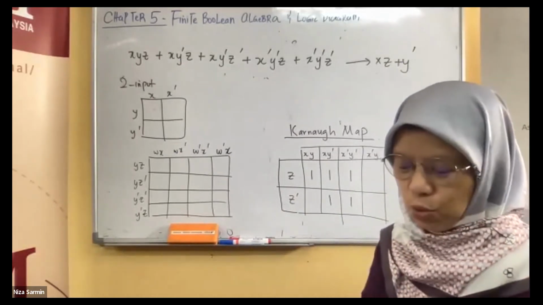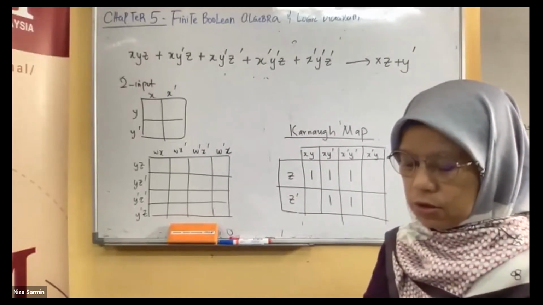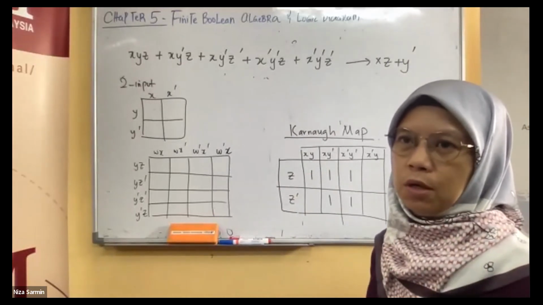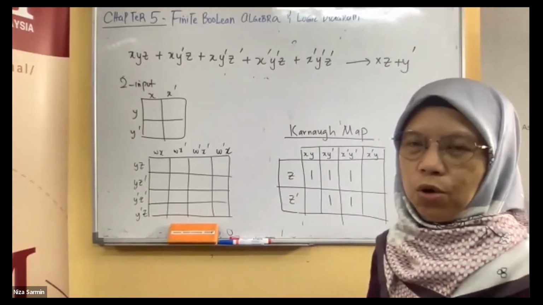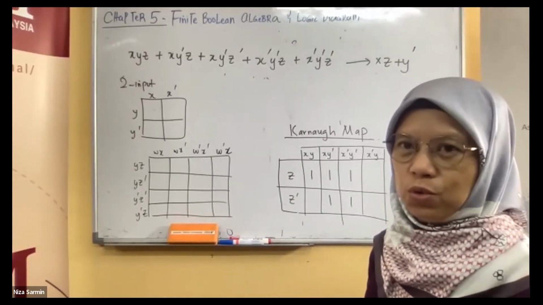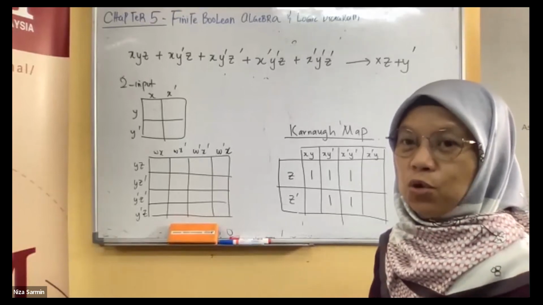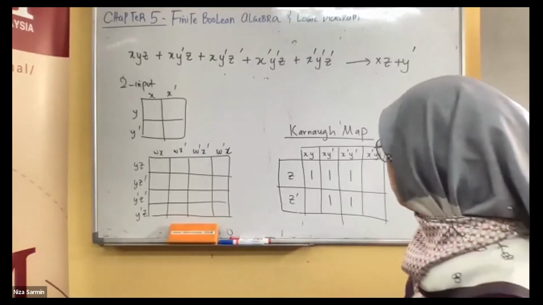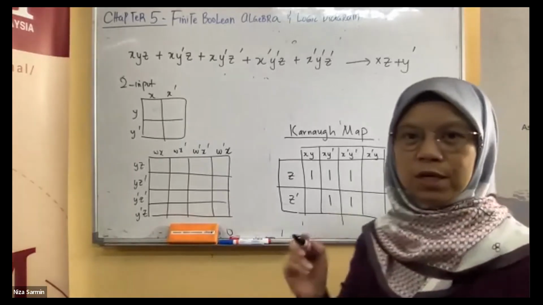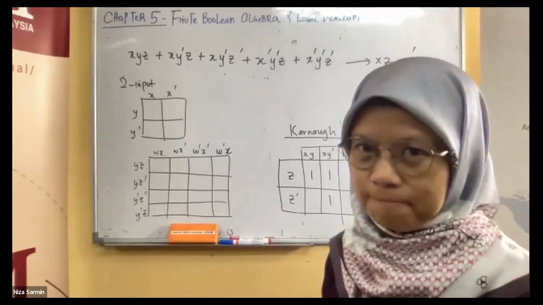Okay, you start doing a circle. 2 or 4 or 8, a power of 2. What is the biggest circle you can draw and group? You can draw and group to make sure that everyone is circled, right?